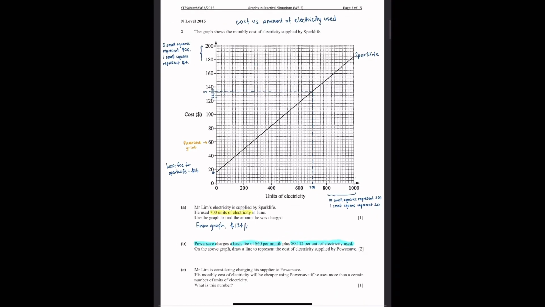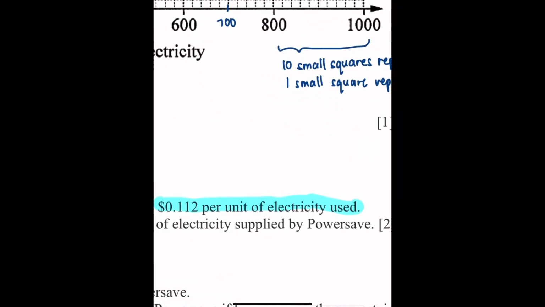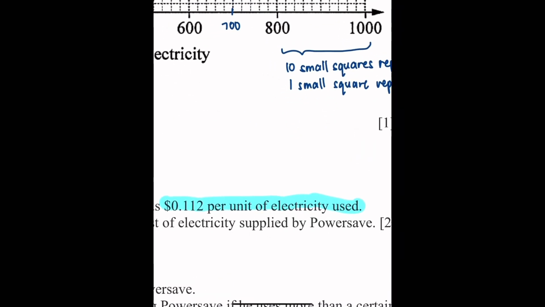Because we need to draw a line to represent the cost of electricity supplied by PowerSave, we have to look at this phrase here. Per unit of electricity used, so this is cost per unit of electricity. This actually means the gradient. Why do I say so?